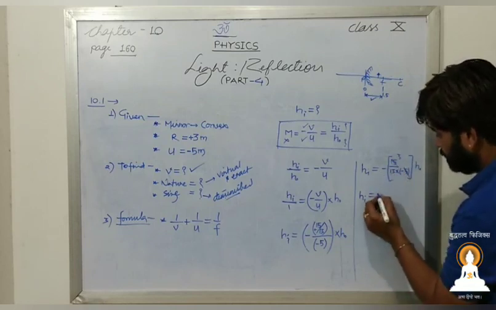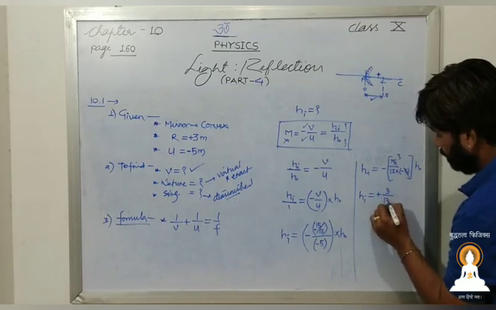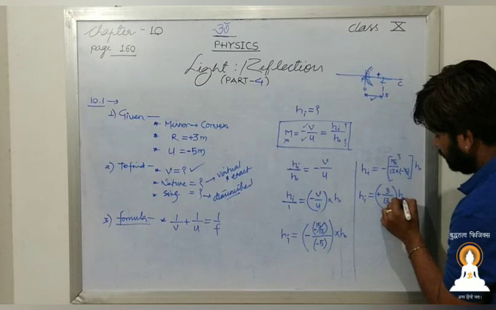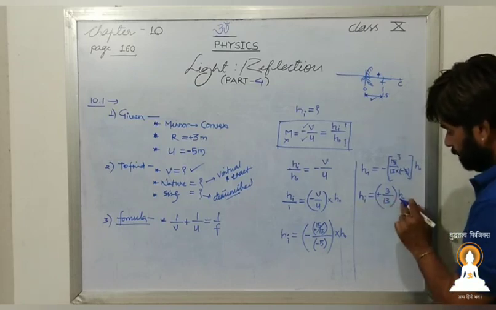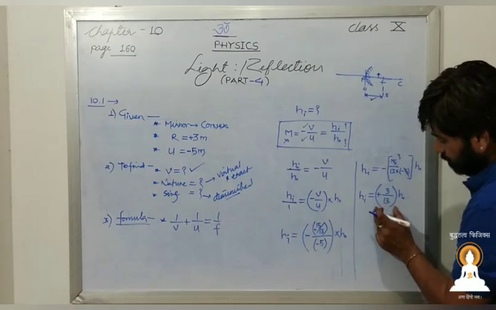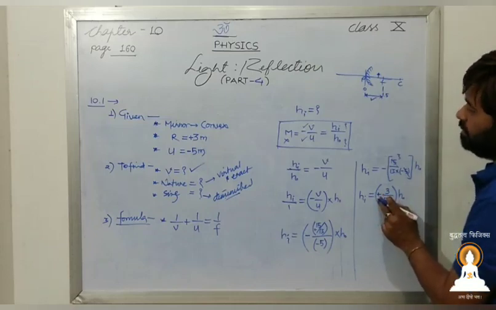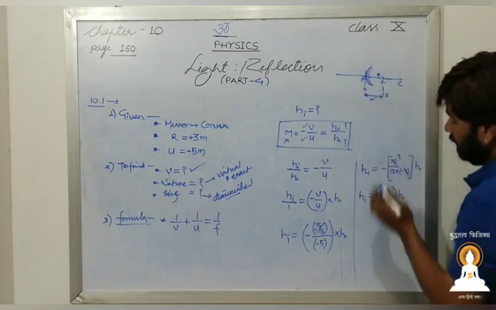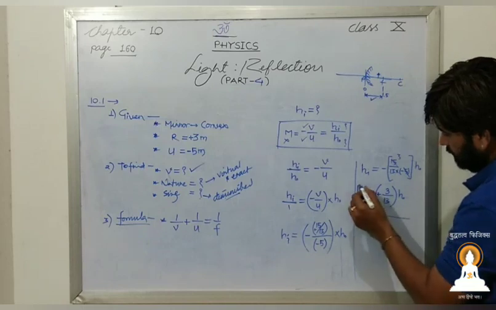In this, minus minus is plus, so that will be 3 by 13. Again we are right. So the image will be reduced with respect to the object by a factor of 3 by 13. With a positive sign, what does it mean? It means that the image will be erect, upright.